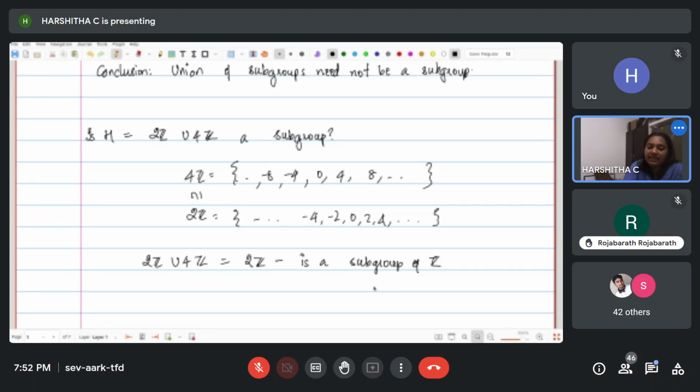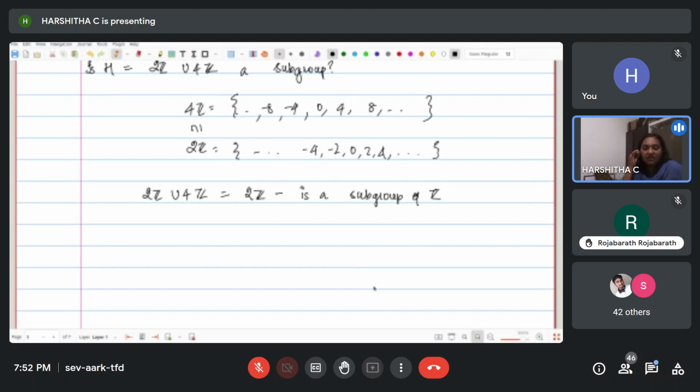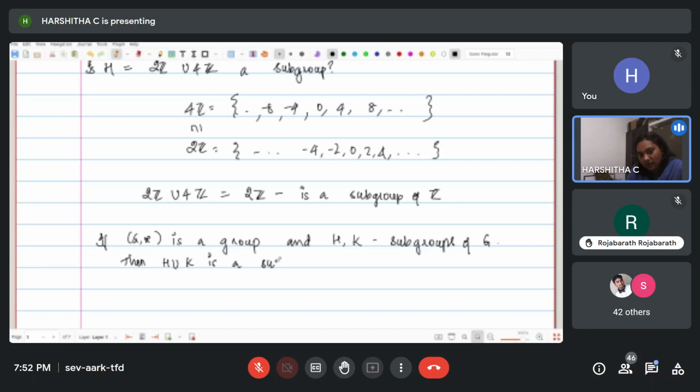And this kind of classifies all the cases where the union of two subgroups is a subgroup. So the statement is that if G star is a group and H, K are subgroups of G, then H union K is a subgroup if and only if one of them is a subset of the other.